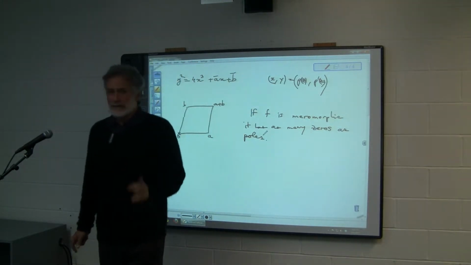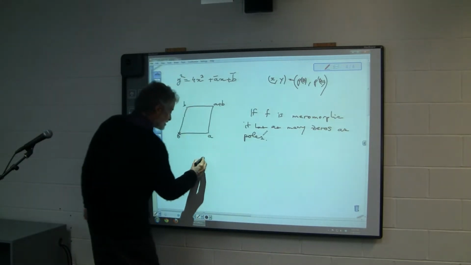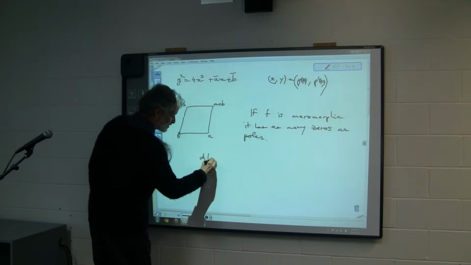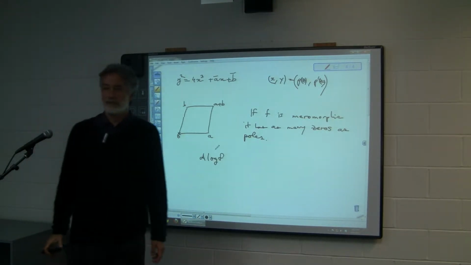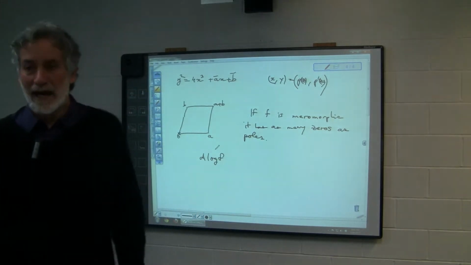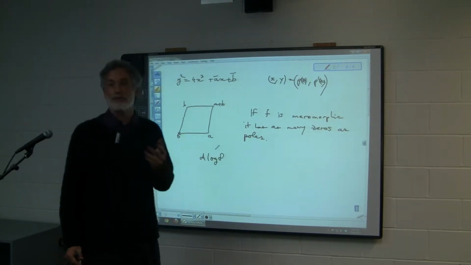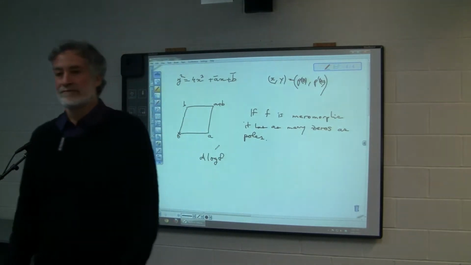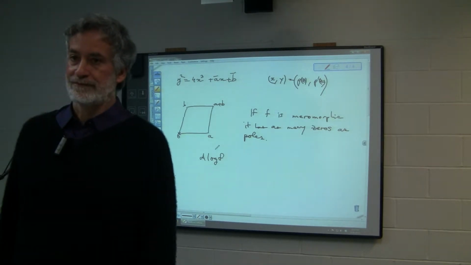So if you remember how we proved it, we looked at d log f and formed its contour integral. So we argued that the residues of d log f have to add to 0. That was basically the proof.